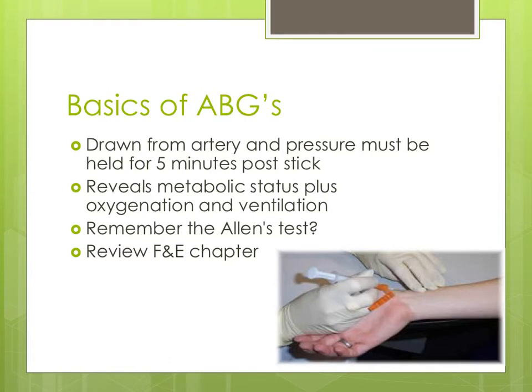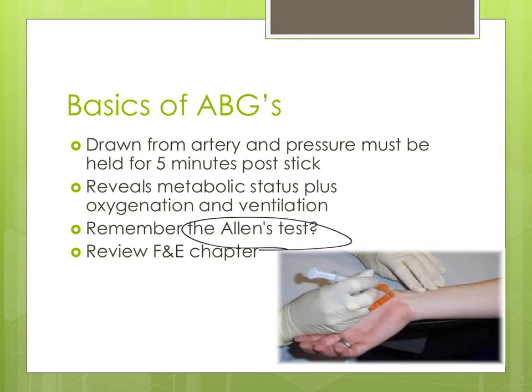And it can be an issue. We have to make sure that the patient has good circulation to both the radial and ulnar artery. So we perform a test, and this test is called the Allen's test.